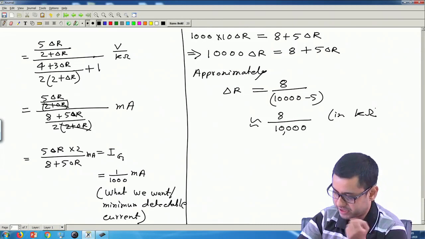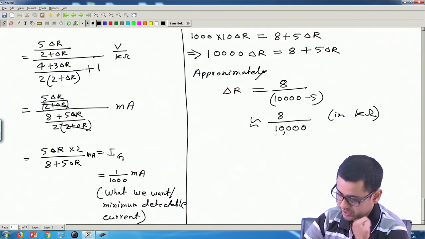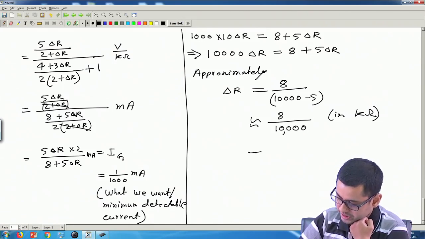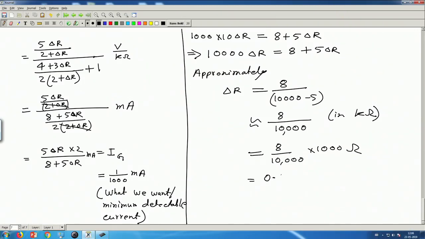All our calculation was under the assumption that delta R is in kilo ohm. So this is 8 by 10,000 kilo ohm, which is 0.8 ohm. If I haven't made any mistake, delta R is approximately equal to 0.8 ohm.